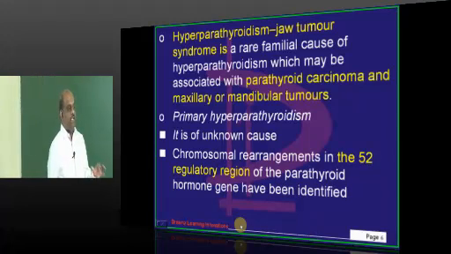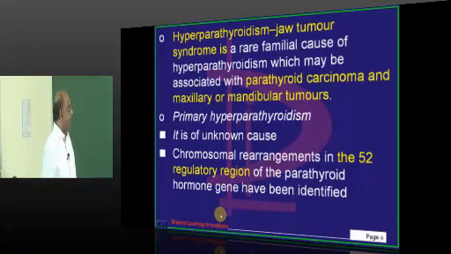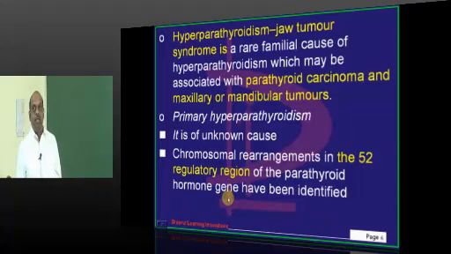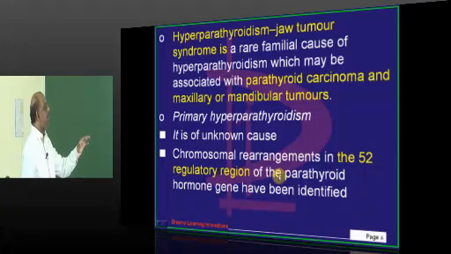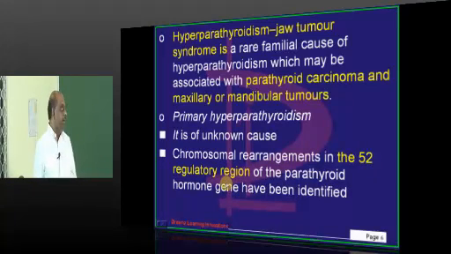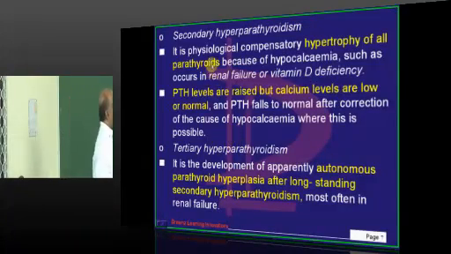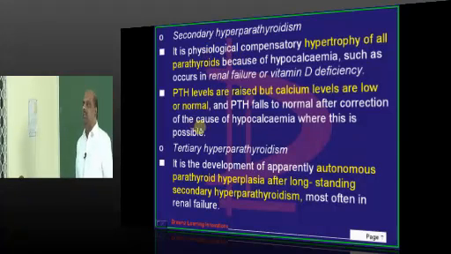Now, let us discuss primary hyperparathyroidism. Typically, chromosomal rearrangements in the 5' regulatory area of the parathyroid hormone gene can be responsible for primary hyperparathyroidism, the underlying genetic basis. Then what is meant by secondary hyperparathyroidism?